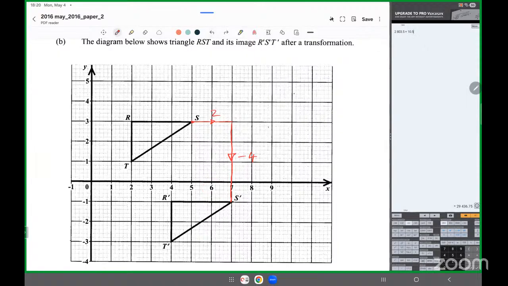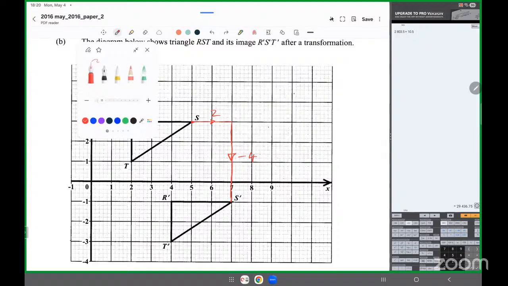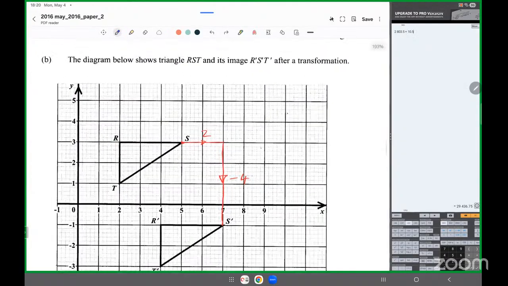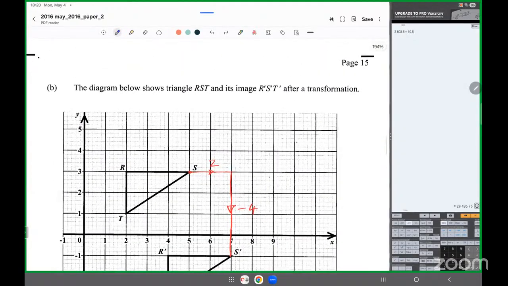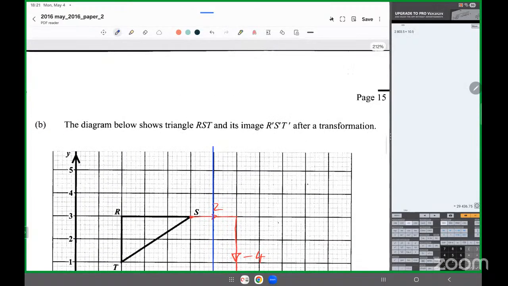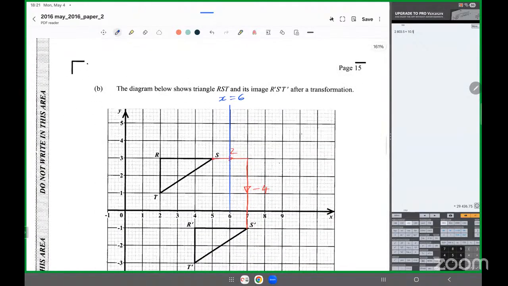I'm reflecting in that line. Let's draw it in blue. So a vertical line passing through 6 this way. That is the line x equals 6. I'm reflecting in this line now.